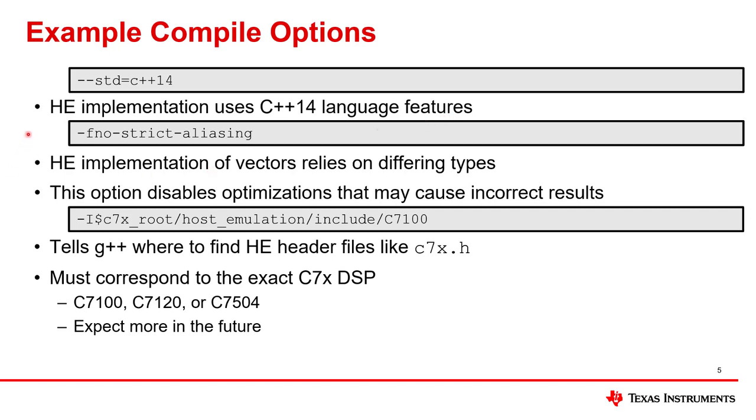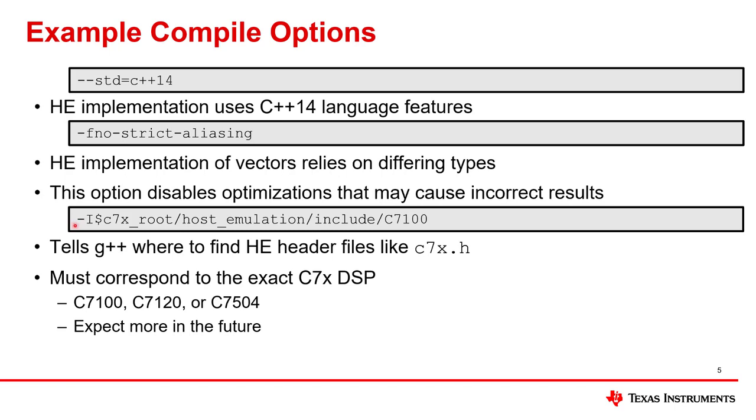The next g++ option to use is -fno-strict-aliasing, and that is because the HE implementation of vectors relies on differing types. This option tells the compiler not to use certain optimizations that are related to these differing types. If those optimizations were to be used, that could cause incorrect results. Obviously, we don't want that.